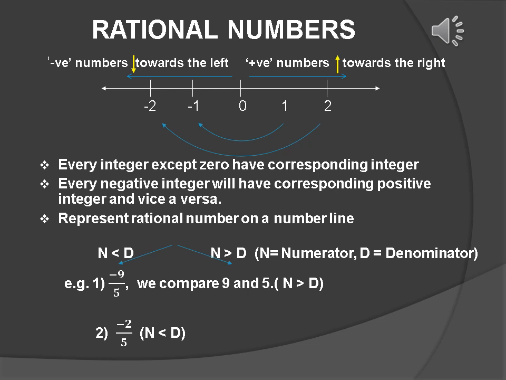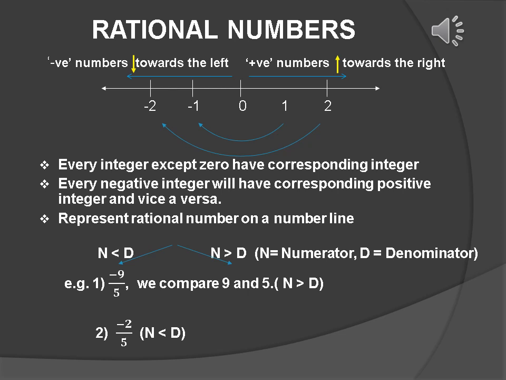For example, minus 9 by 5, if we are plotting on the number line, we compare 9 and 5, not minus 9 and 5. So, minus 9 by 5 comes in the numerator greater than denominator category.